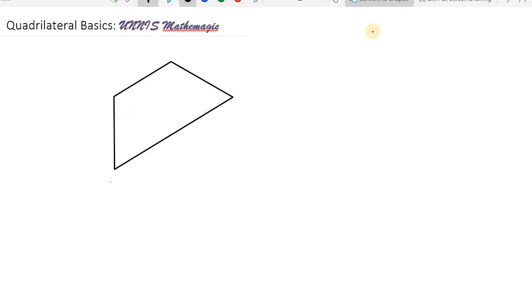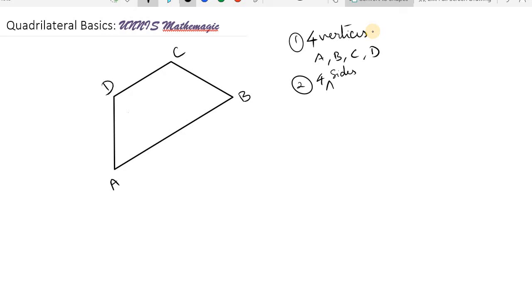So if I were to take this as A, B, C, D, there are four vertices. The vertices are A, B, C, and D, and you have four sides: AB, BC, CD, and DA.